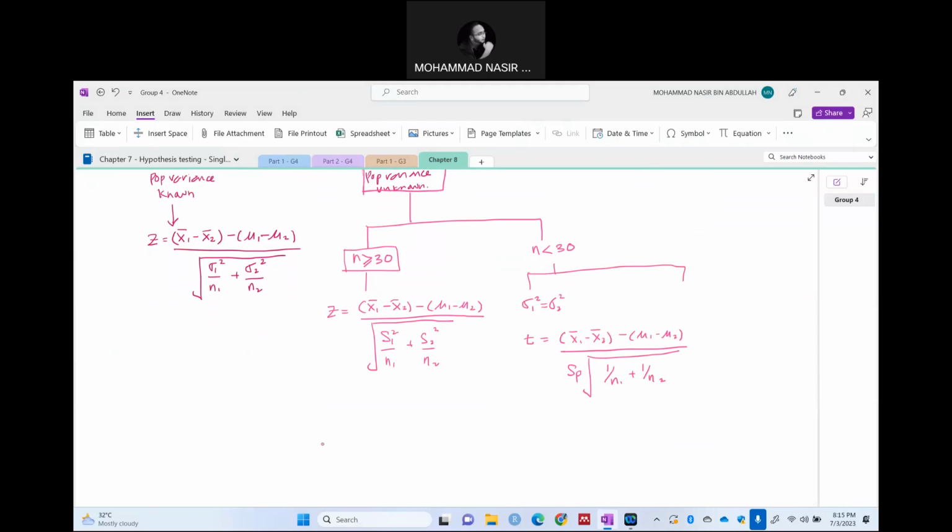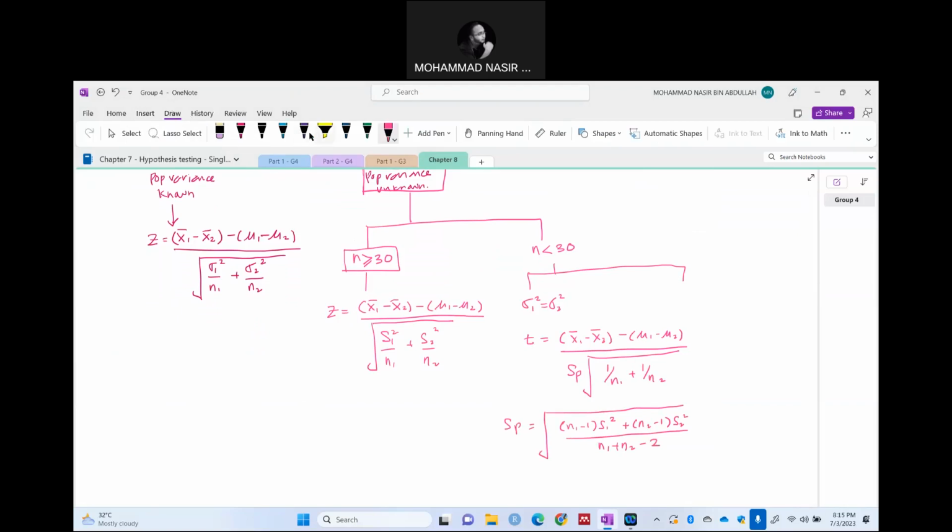So the pooled standard deviation will be the square root of n1 minus 1 multiplied by sample variance of population number 1, plus n2 minus 1 times population variance number 2, divided by n1 plus n2 minus 2. Right, so this is the formula for pooled standard deviation. So this is what we call pooled standard deviation.